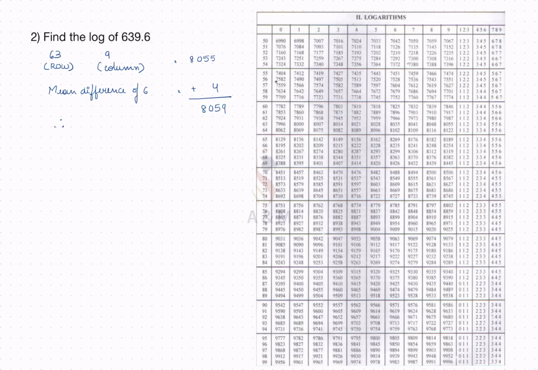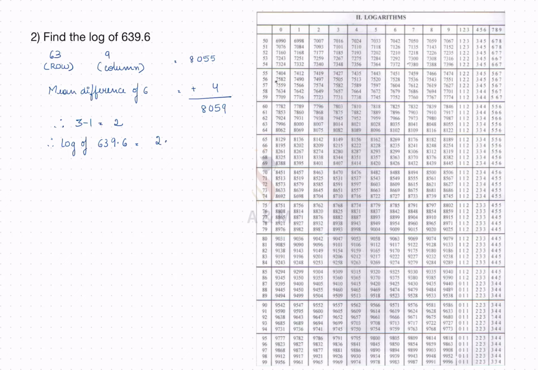Now at the end, you have to check before the decimal point how many digits are there. Before the decimal point you have 3 digits, 639. Therefore 3 minus 1 is equal to 2. Therefore log of 639.6 is equal to 2 point.